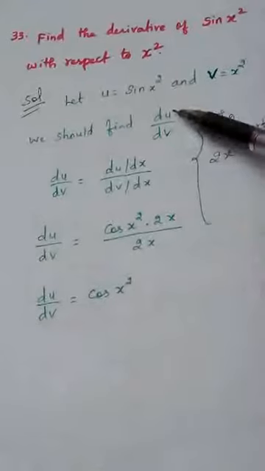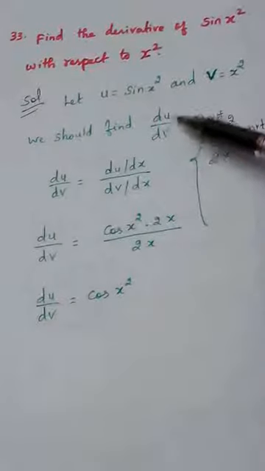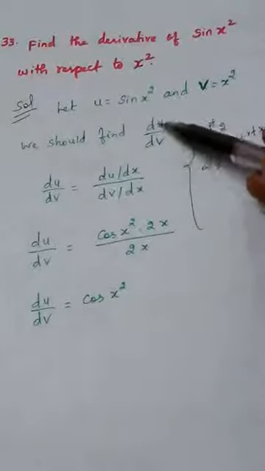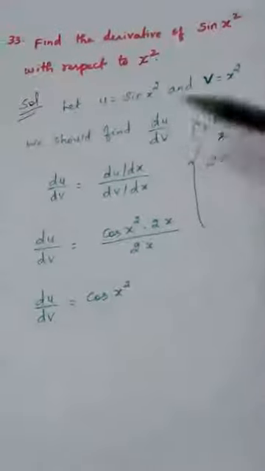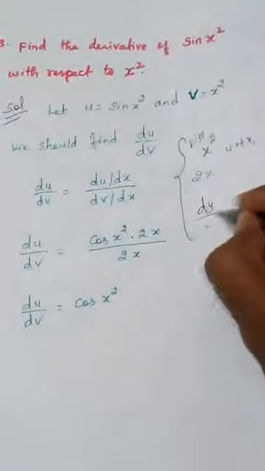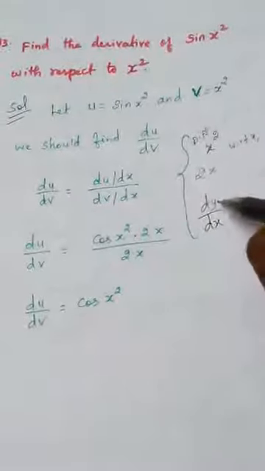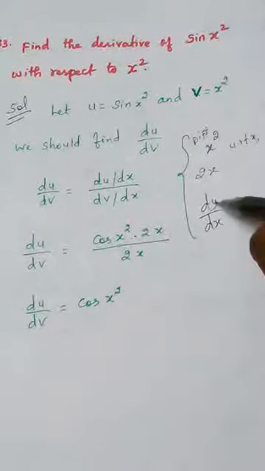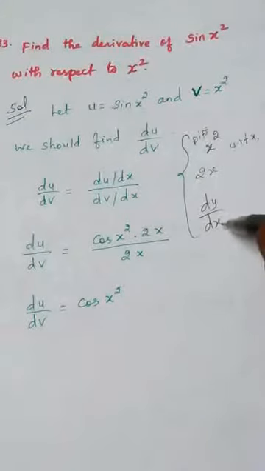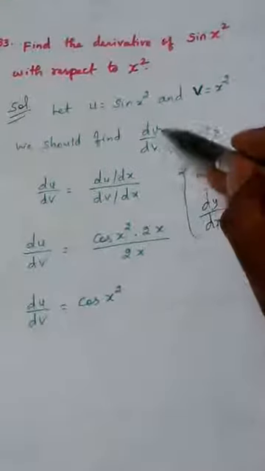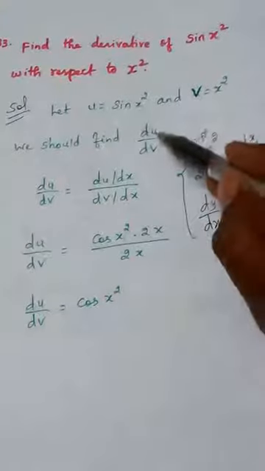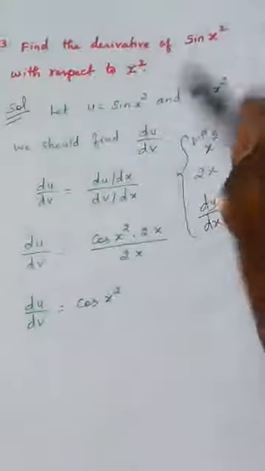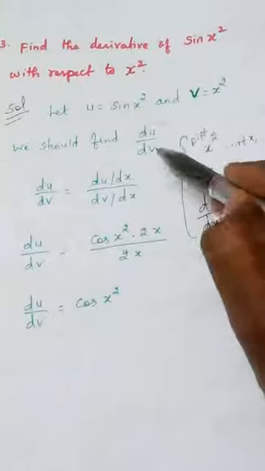What is the meaning of du by dv? The meaning is differentiating u with respect to v. If I write dy by dx, what is the meaning? I am differentiating y with respect to x. Similarly here, I am differentiating u, which is sin x square, with respect to x square.